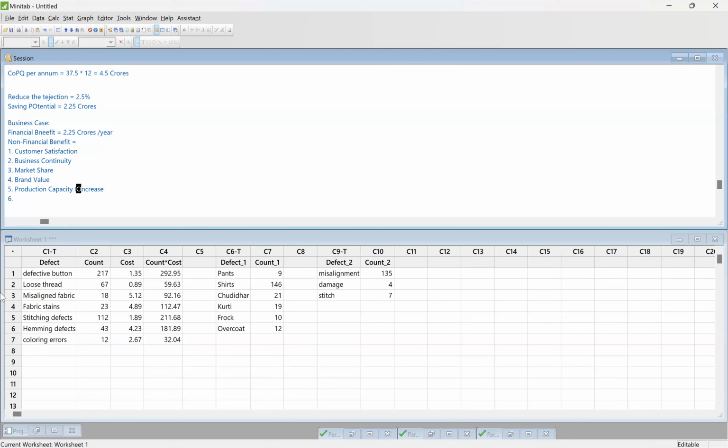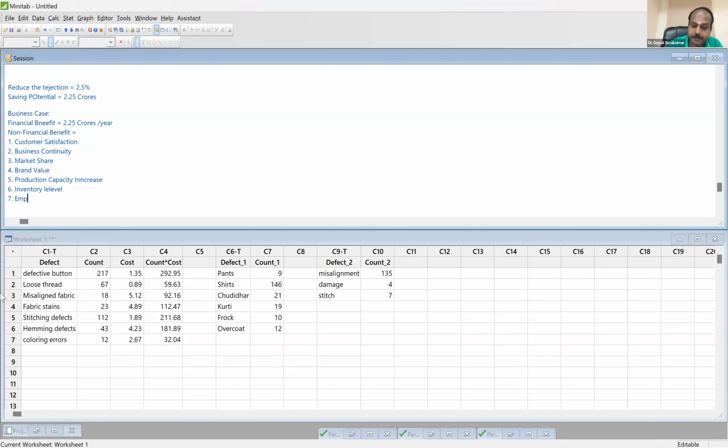Stop loss will not come, why? Because in the first year we are getting 2.25 crores, and in the future it is going to be stop loss. Your inventory levels go down. Then employee frustration will come down. So employees will be motivated, right? Employee motivation will go up.